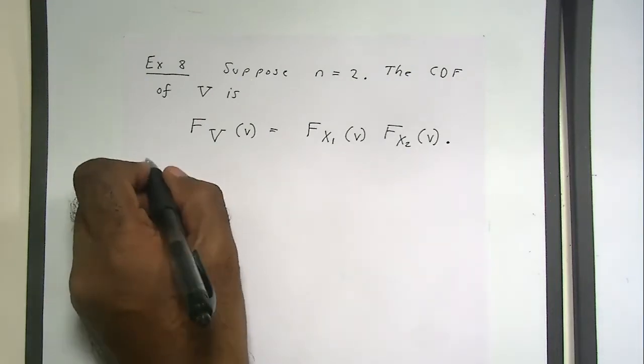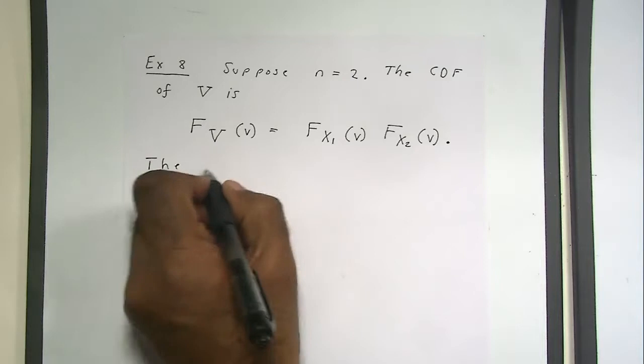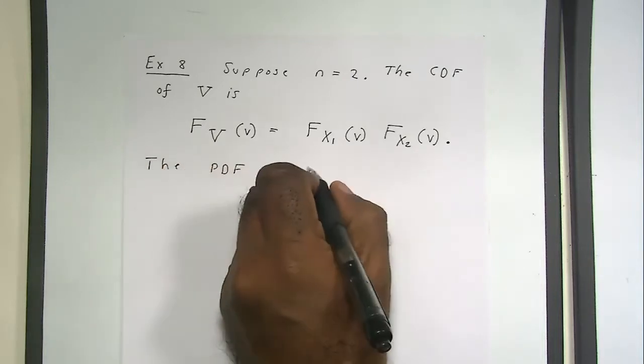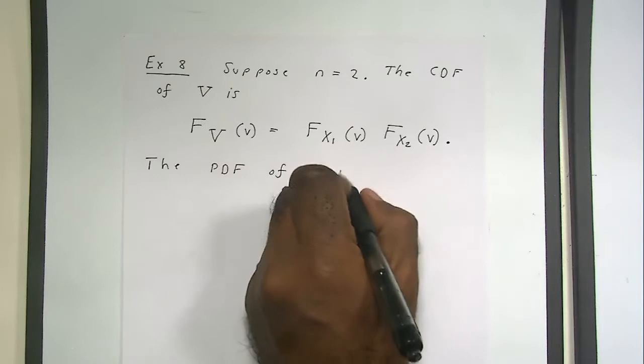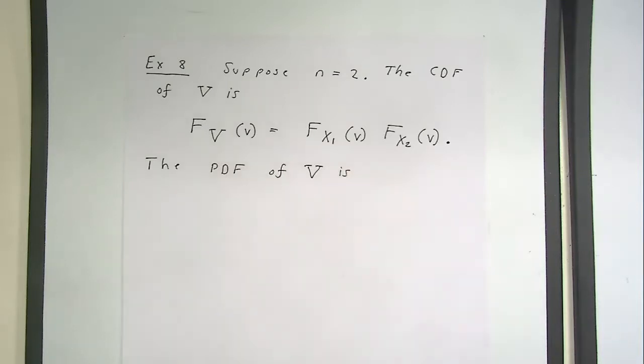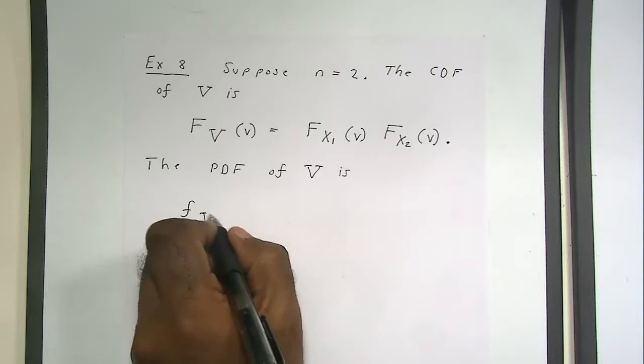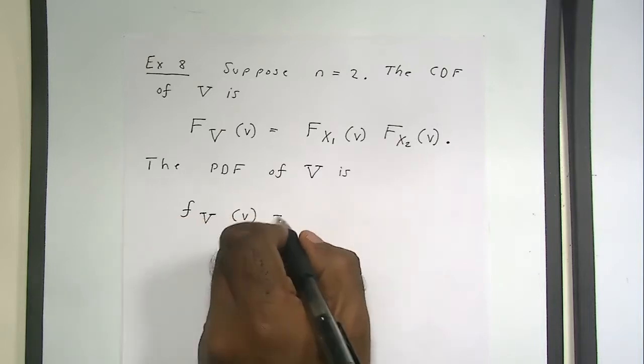And the PDF of V is just the derivative of this, so if you differentiate this with respect to V, you will get the PDF.